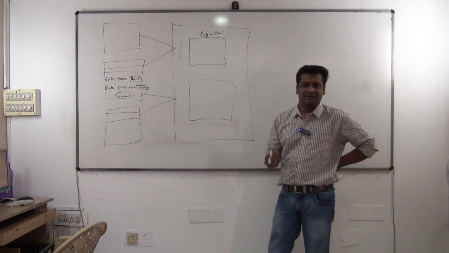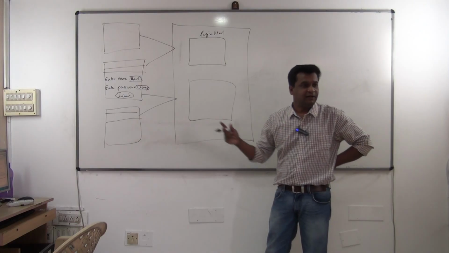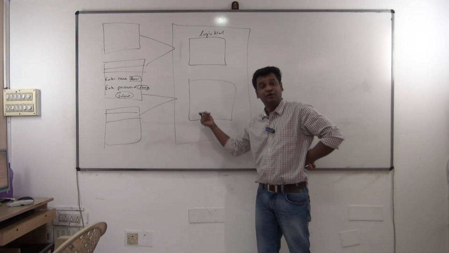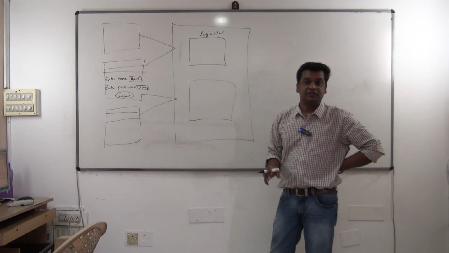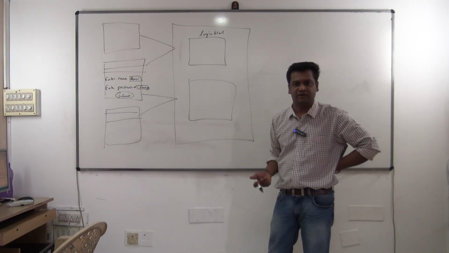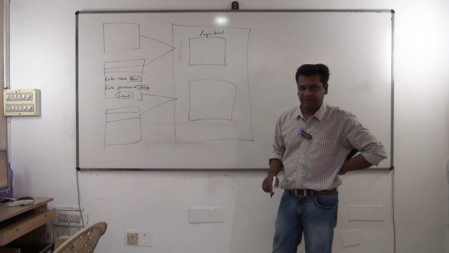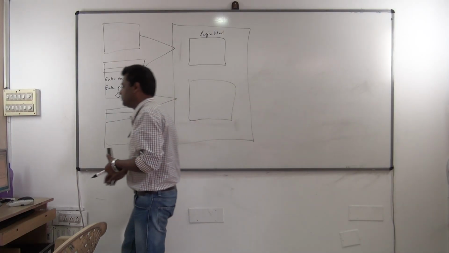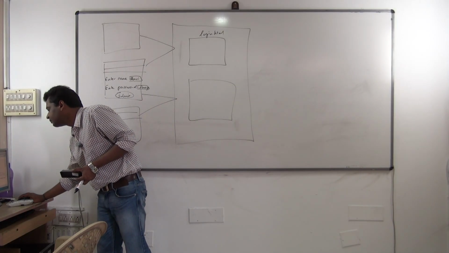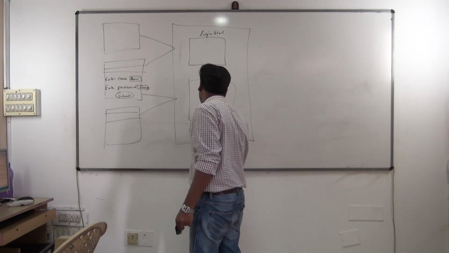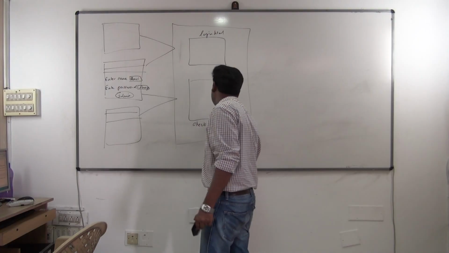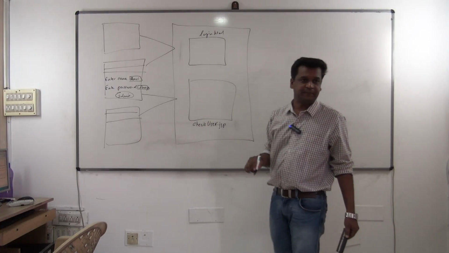I'll use JSP. So what was I telling you till now? A JSP also can accept a request, process the request and give back a response. Yes or no? So since you have got some grip on JSP now, we can write this logic. Let us say the name of the JSP would be checkuser.jsp. Any name you want to give. checkuser.jsp.